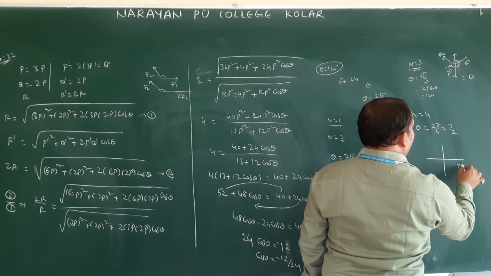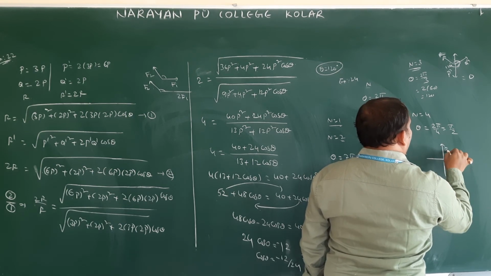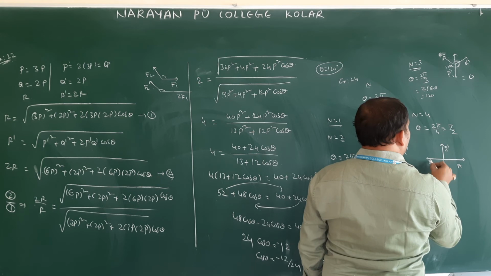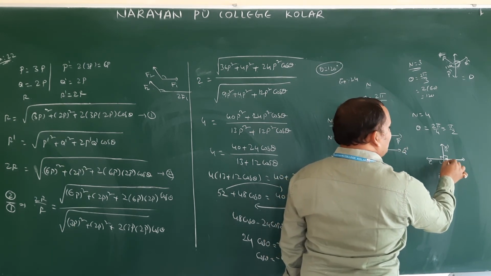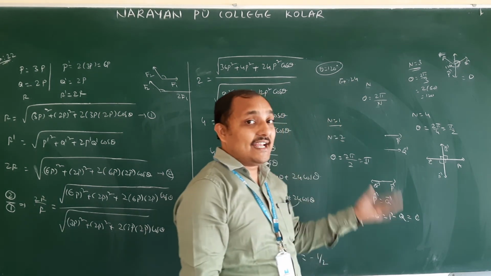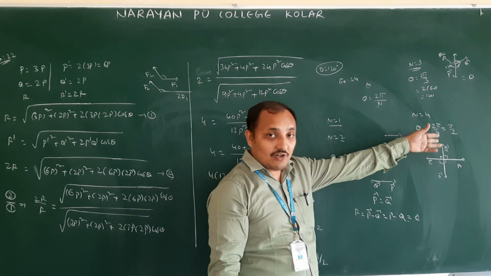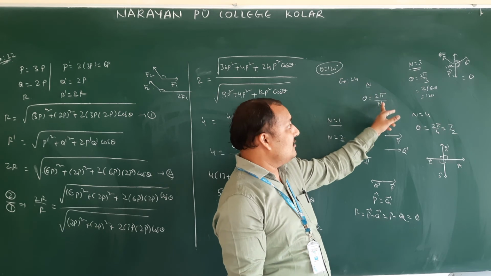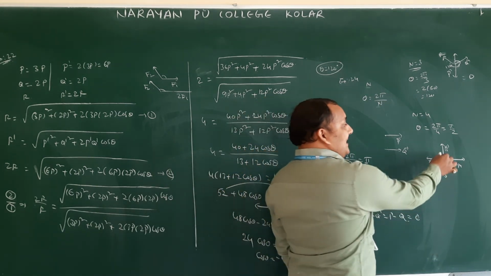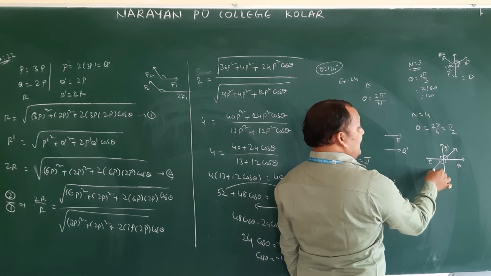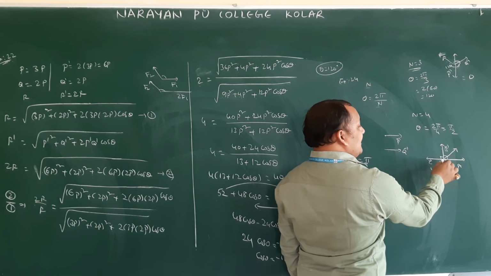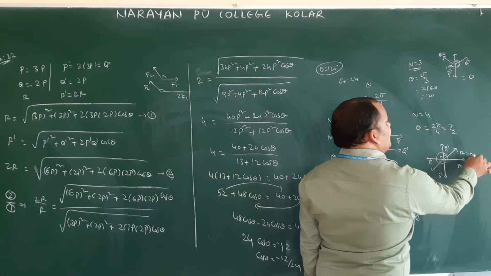Say A, B, C, D. Between any two vectors the angle is 90 degrees, because they gave the formula 2 pi by n. The resultant of these two you get like this, and the resultant of the other two you get like this. Again these two are equal, therefore the resultant will be 0.